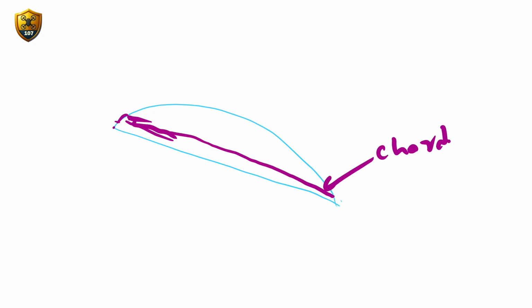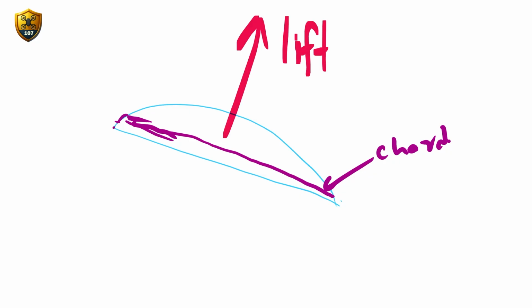Okay, and also we know that the lift is generated perpendicular to this airfoil shape, right? That's what we learned in the previous example. So we have the lift coming up. So this is the lift. The point at which the lift acts on this is called the center of pressure.